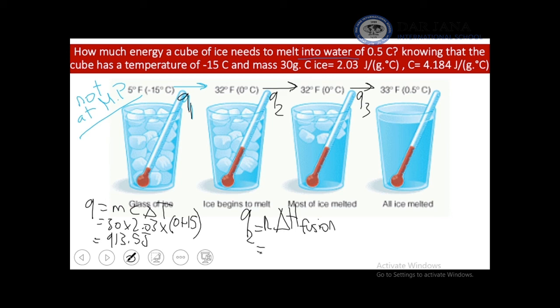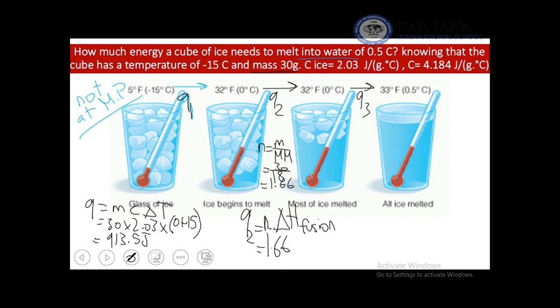The number of moles we have to find. They said we have 30 grams of ice, so the number of moles equals the mass over the molar mass. So it's equal to 30 over the molar mass of water, H2O, which is 18. The answer will be 1.66 moles.